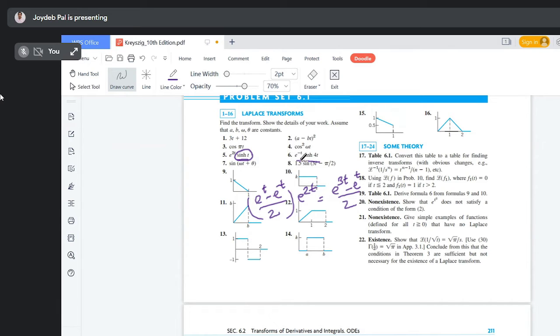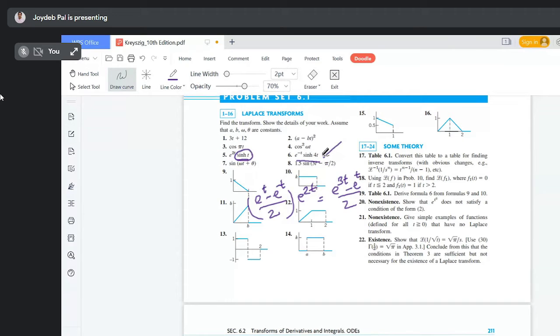So the answer will be 1 by 2 into 1 by s minus 3, minus 1 by 2 into 1 by s minus 1. Yes, correct.